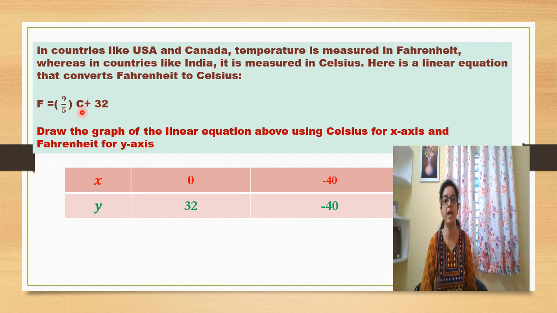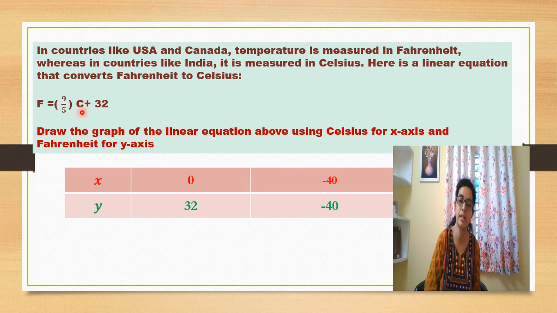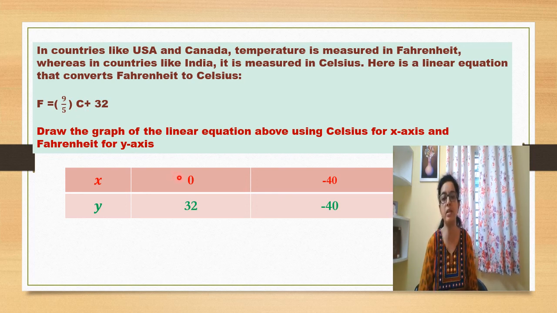So the variable y is representing Fahrenheit and the variable x is representing Celsius. Now I'm replacing this x with 0. Then what will I get as y? y will be 32 because 0 into 9 upon 5 will be 0 plus 32, hence y will be 32.